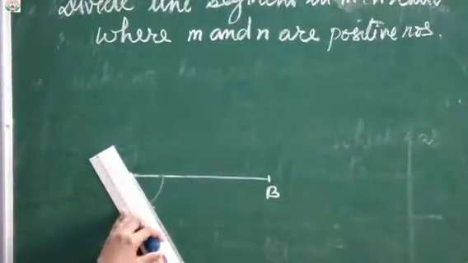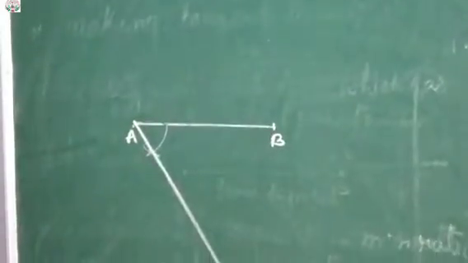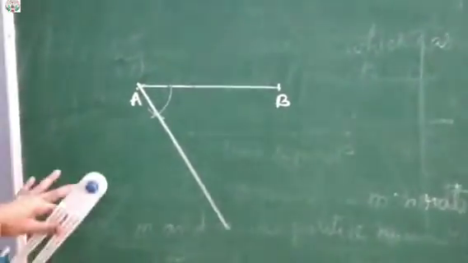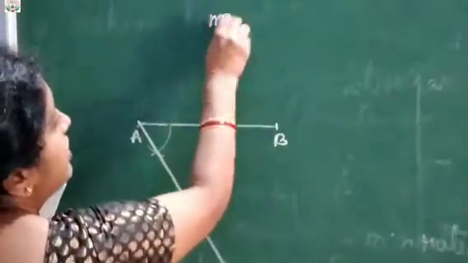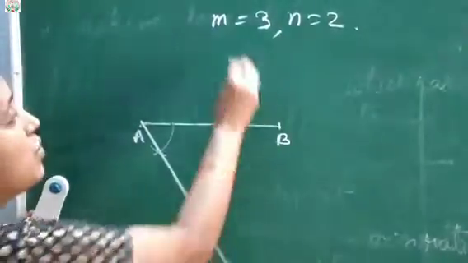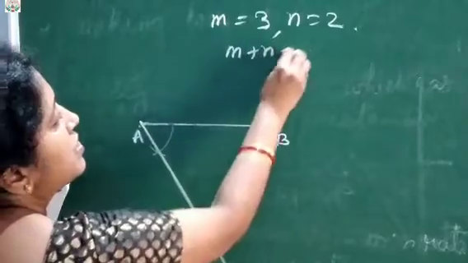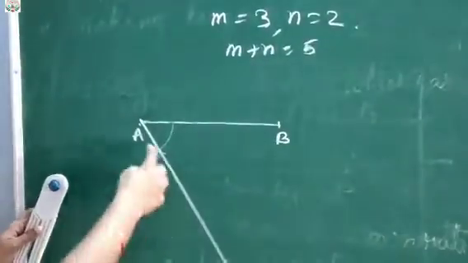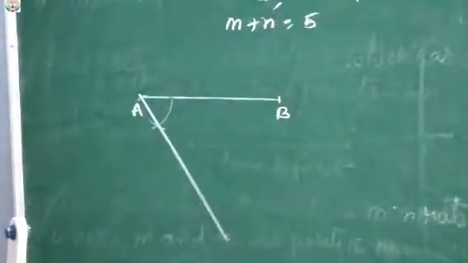This is the acute angle. Now let m equal 3 and n equal 2. So m plus n will be how much? 5. That means we have to make 5 equal segments.